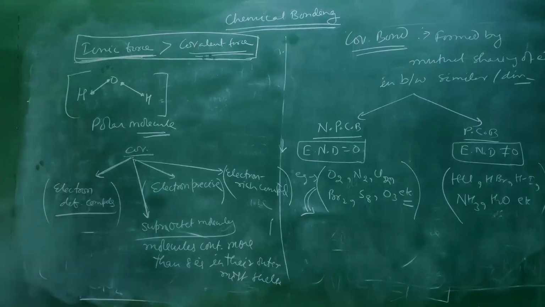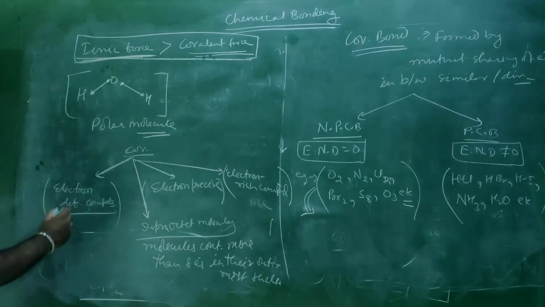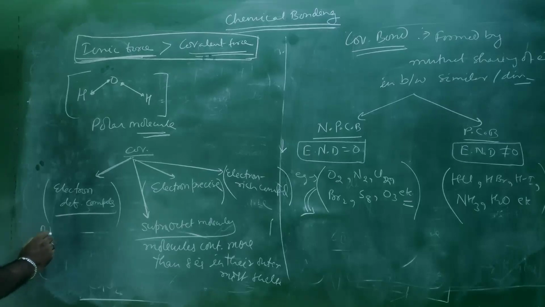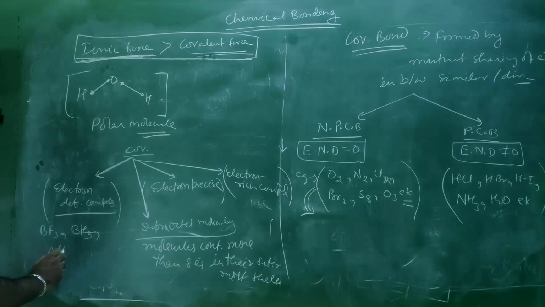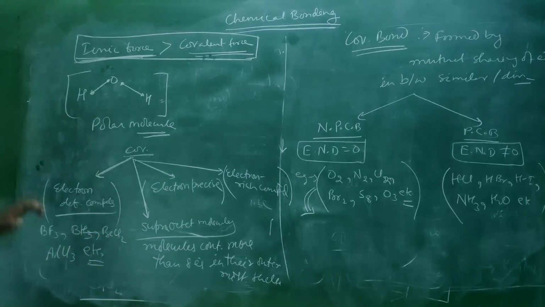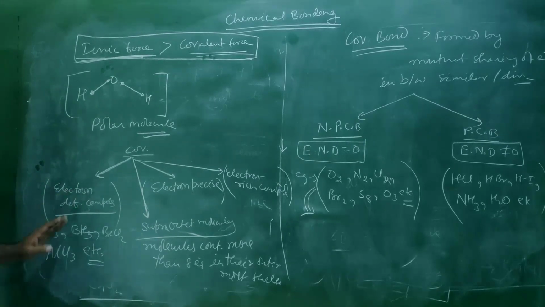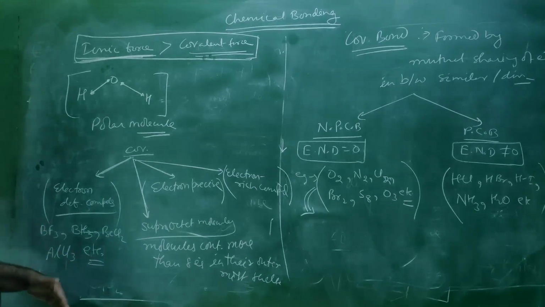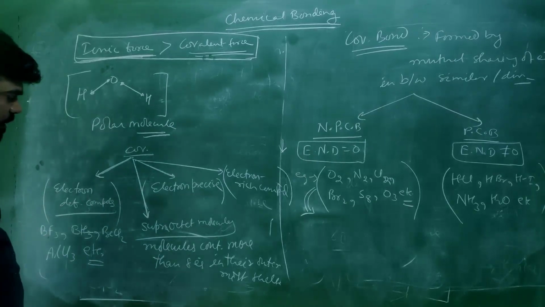Electron deficient molecules are like BF3, BH3, AlCl3, etc. They have less than 8 electrons in their outermost shell, so they are electron deficient. Boron has 3 electrons, and after sharing with fluorine, boron will have a total of 6 electrons in its outermost shell, 2 short of 8. So those are electron deficient molecules.